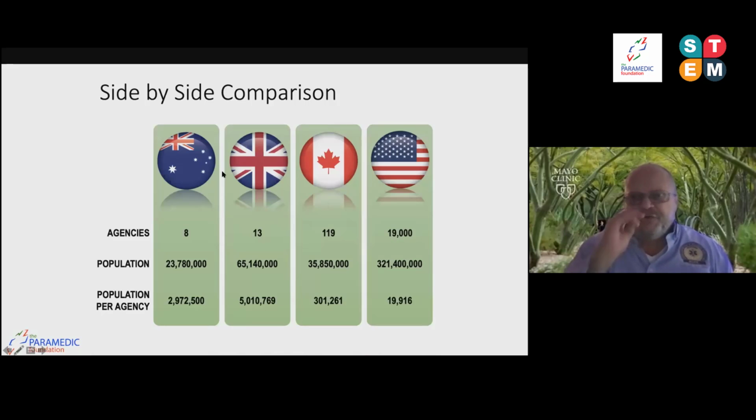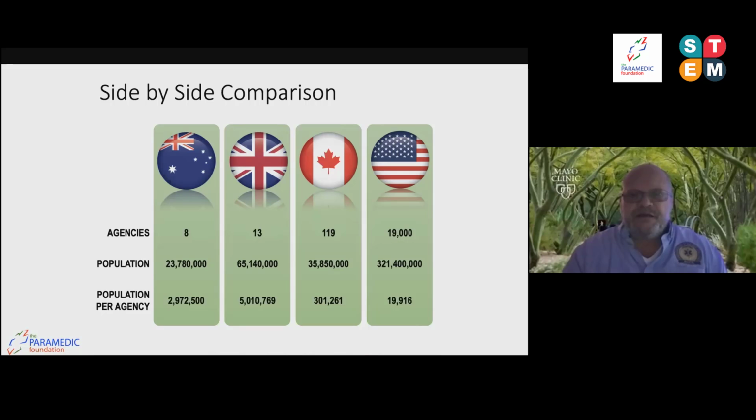I wanted to give you a little example of what the 4 countries look like. They're very different. In Australia, there are 8 paramedic services. They cover a population of about 24 million, so about 3 million people per agency. In the United Kingdom, there are 13 paramedic services covering 65 million people, about 5 million people per agency.